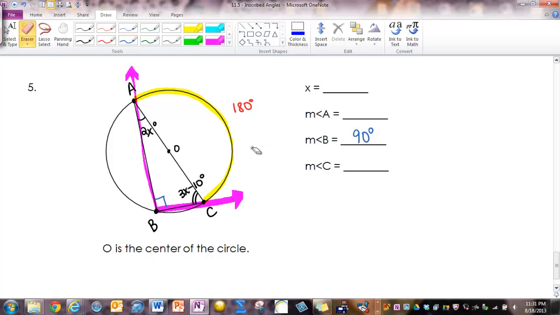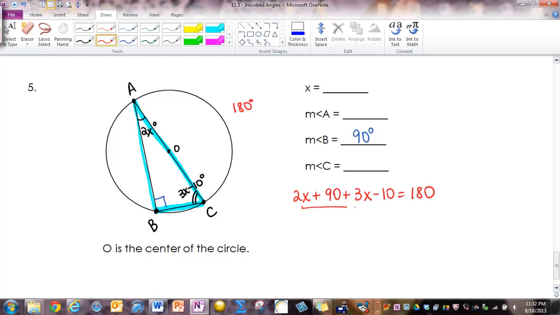Next, I'm going to go ahead and look at my triangle. And the sum of the measures of the angles in any triangle is going to be 180 degrees. So I can solve an algebra problem here that says 2x plus 90 plus 3x minus 10 equals 180 degrees.